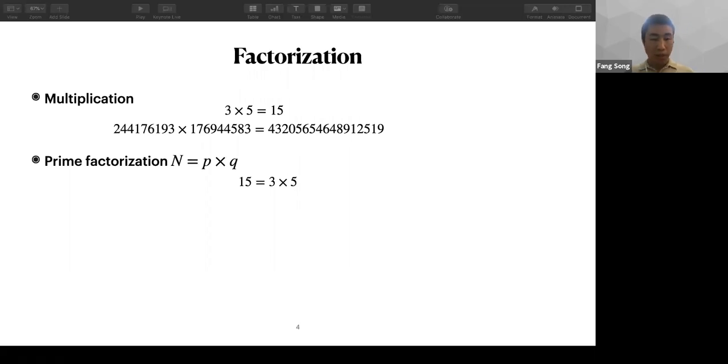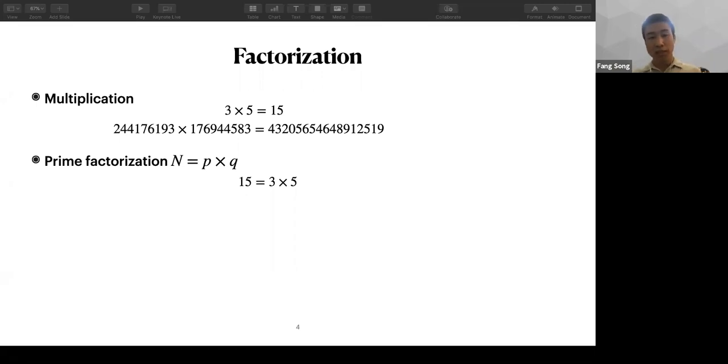Here we're given a large integer n, which is a product of two primes, and we want to find these two prime factors. As the number grows, this problem becomes more and more difficult to solve. Think about it. The naive algorithm, which I think many of us might have implemented during our first introduction to programming class, is to enumerate all the integers from 1 to n.